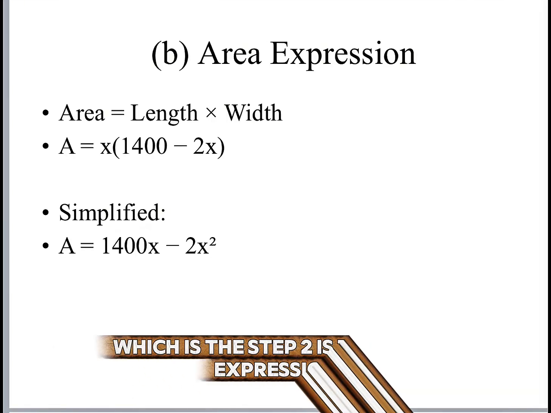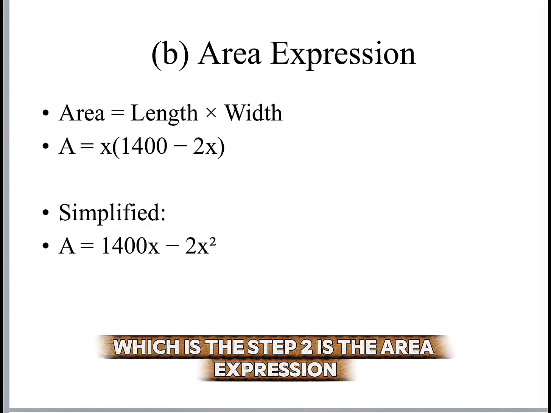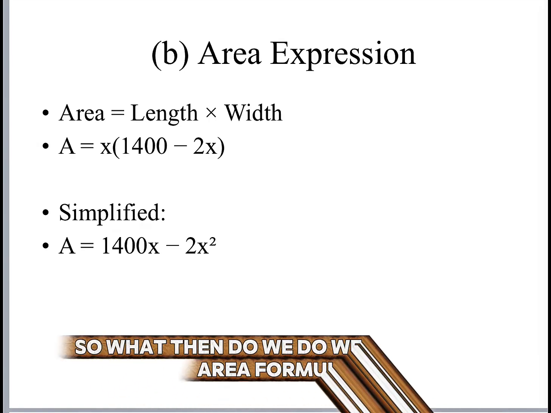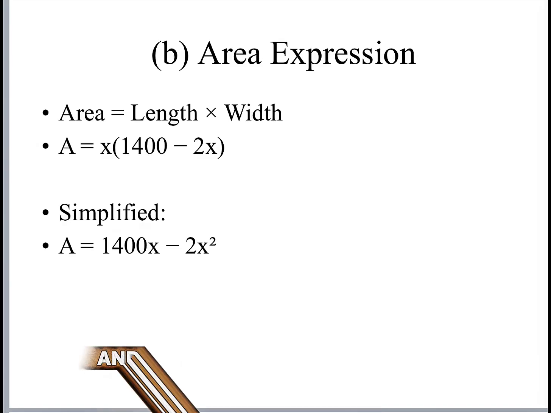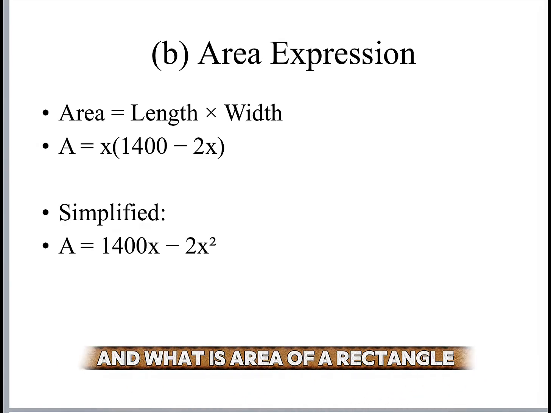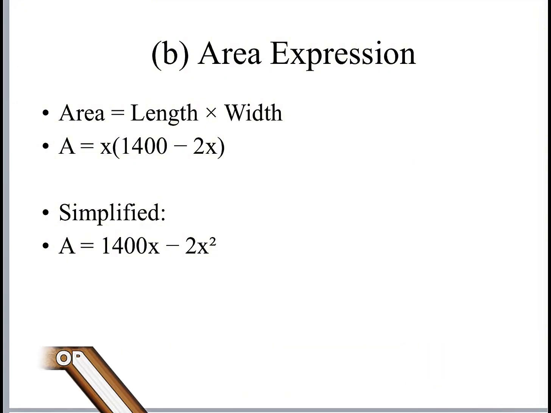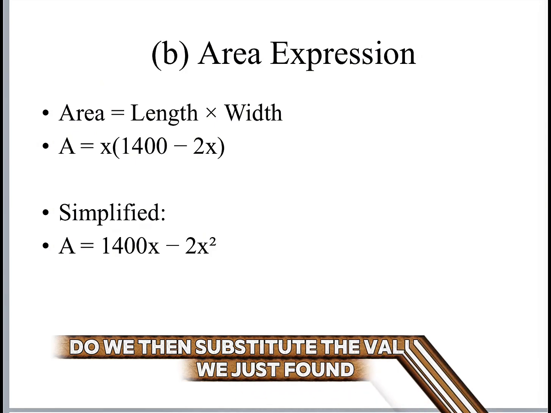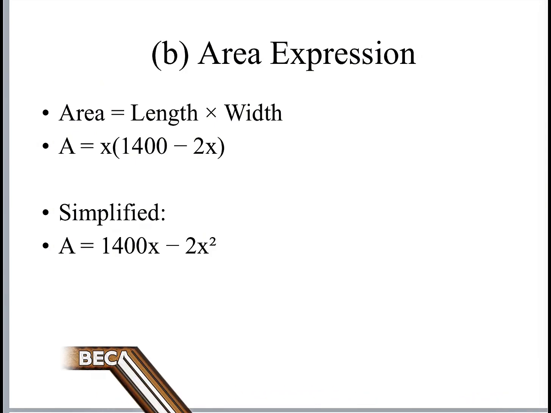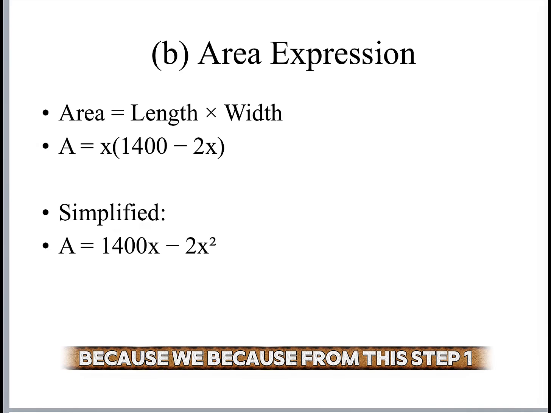Now the next step, which is step 2, is the area expression. We write the area formula. What is the area of a rectangle? Area is simply length times width, or length times breadth. We substitute the value of L we just found from step 1.